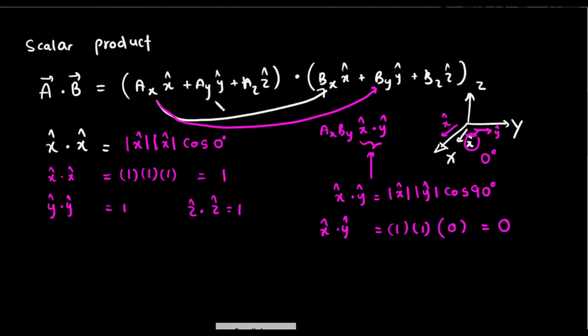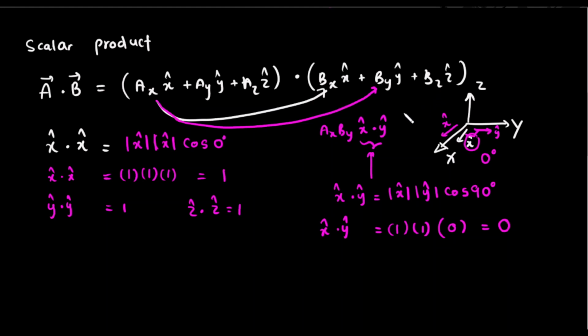So this means that we will have ax x hat dot bz z hat. We will have a few terms, I think it's going to be 6 or something like that.